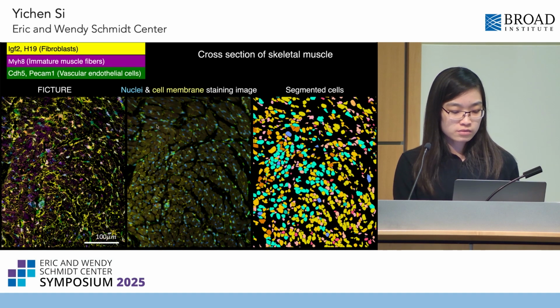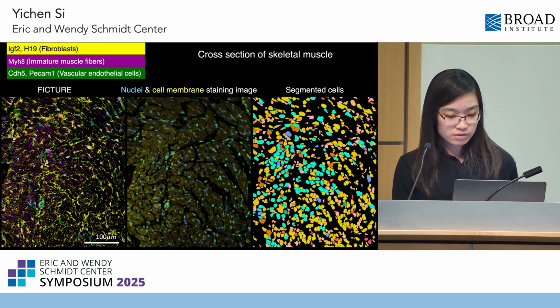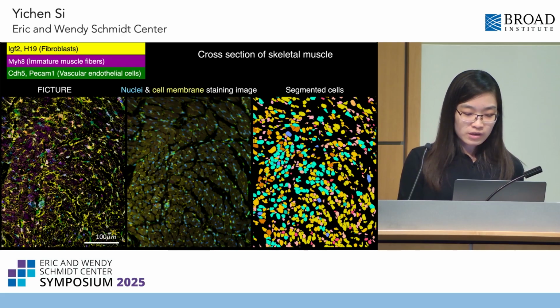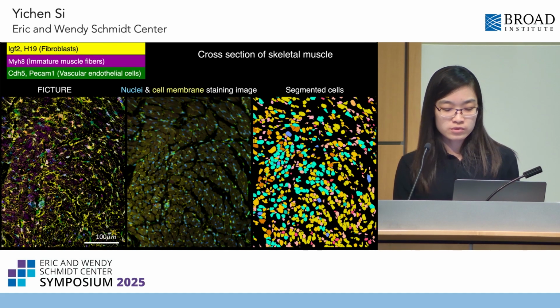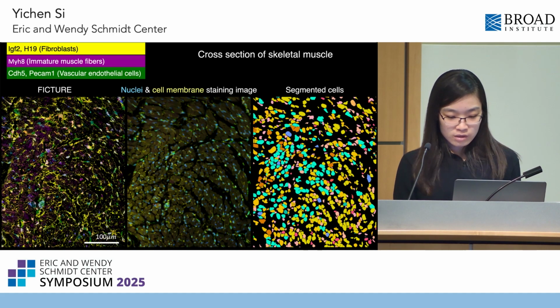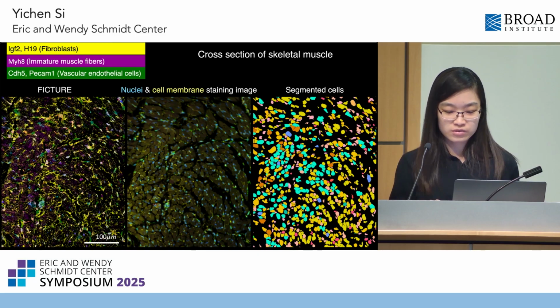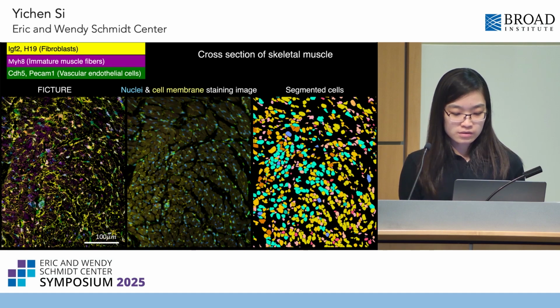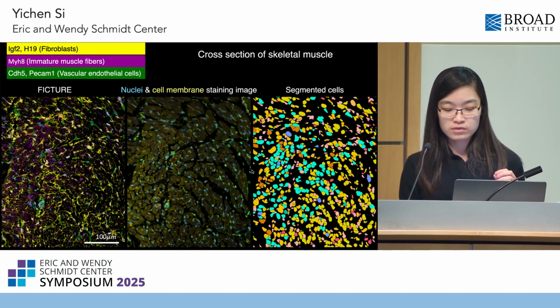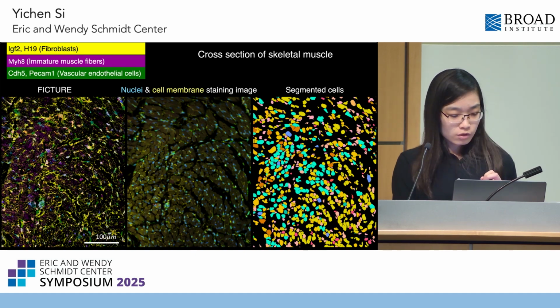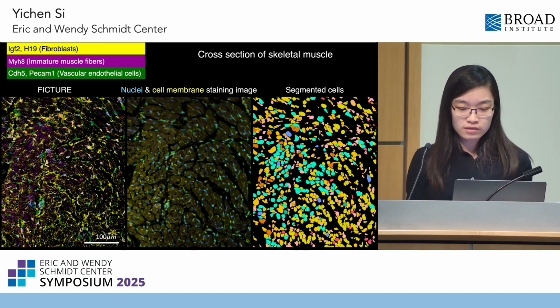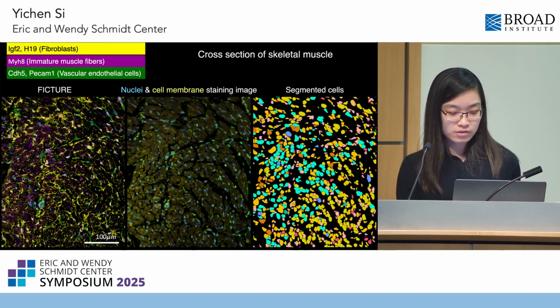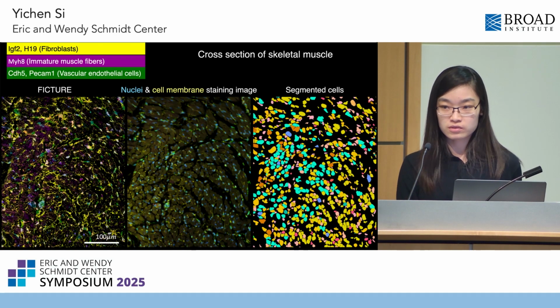The color here also represents the inferred latent factors, and we label them by the signature genes. The purple background here has the signature of immature muscle fiber. The yellow marks the thin fiber-like structure located between muscle cells that has the signature of fibroblast. Another type of intermuscle signal we see is from endothelial cells in green. In this data, the cell segmentation is quite good, but still the fine-scale tissue structure is lost.